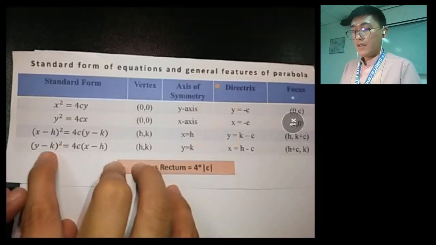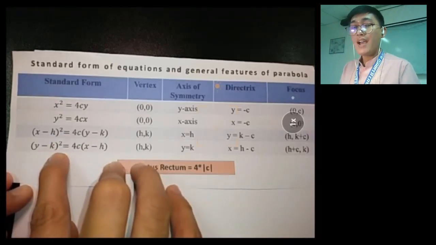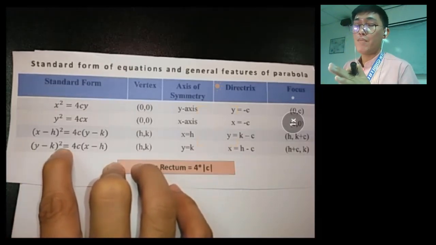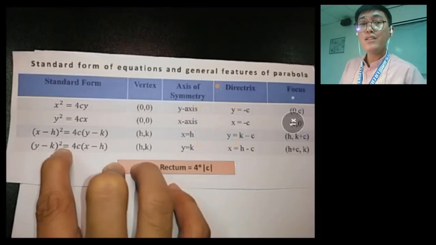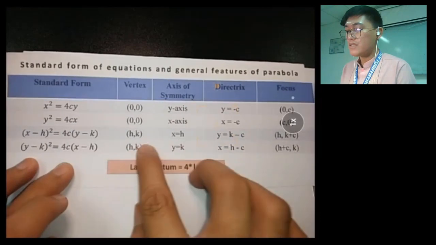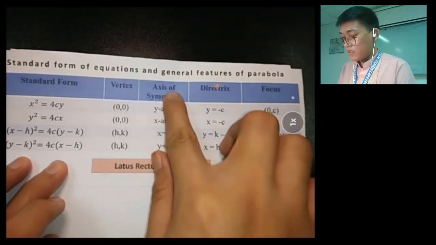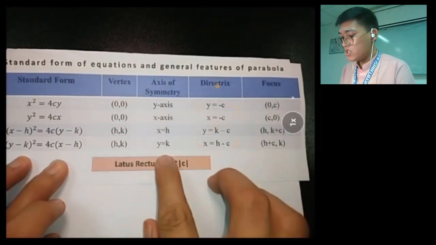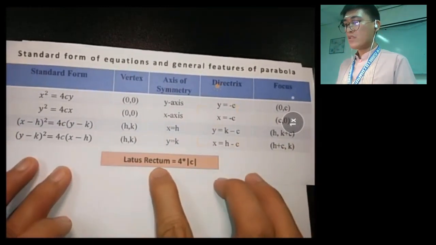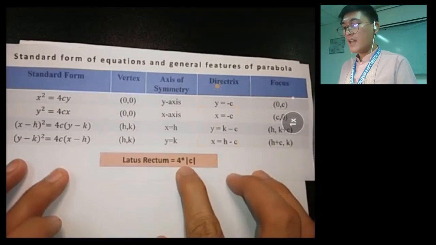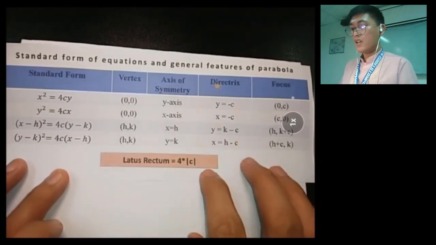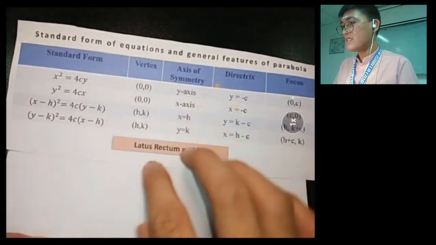But if (y minus k) is squared, your parabola may open to the right or to the left. And if that happens, you have to follow this axis of symmetry, x equals h, y is equal to k, etc. Then also, we have here the latus rectum, 4 times the absolute value of c, the length of the focus. So let us start.